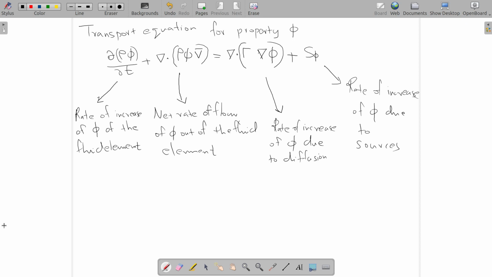And now this is basically the differential form of transport equation, and we would like to integrate this equation, which is a very important step for the CFD when it comes to finite volume method.